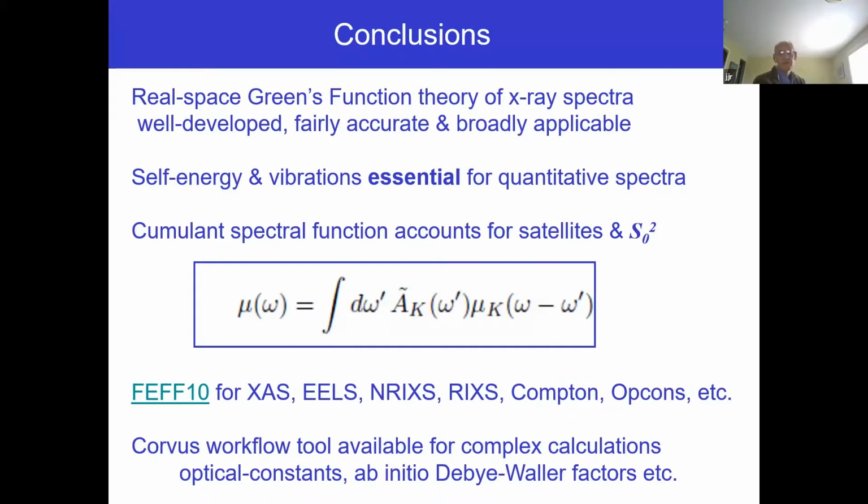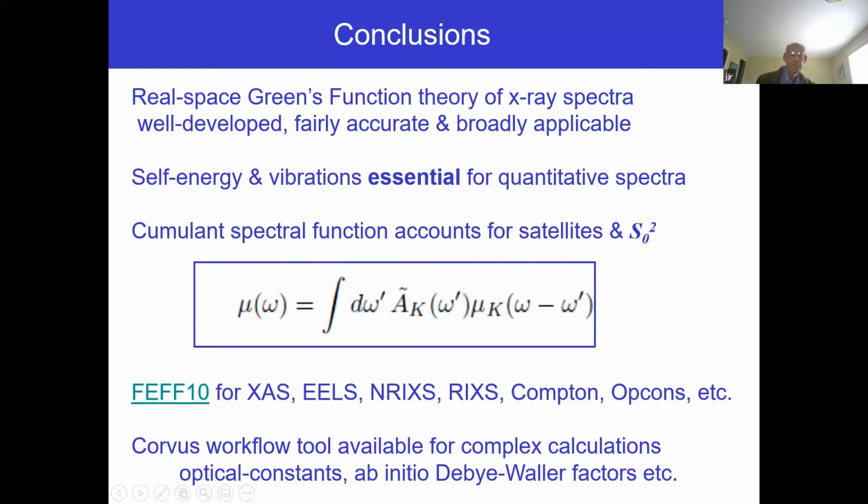So it's different from DFT. And it's also important to include this cumulant spectral function if you want to account for the last 10%, the inelastic losses and overlap factor to get agreement between XAS theory and experiment.